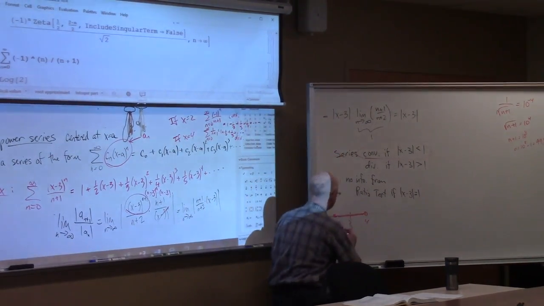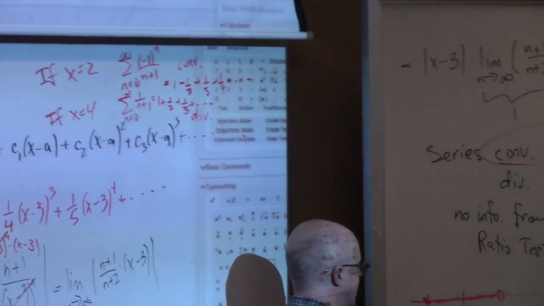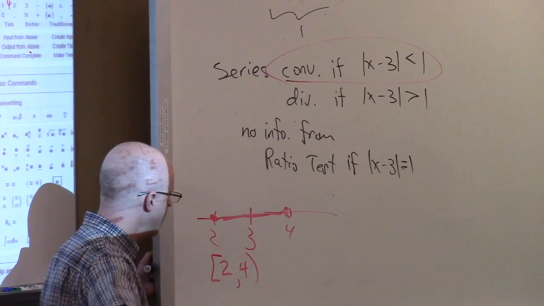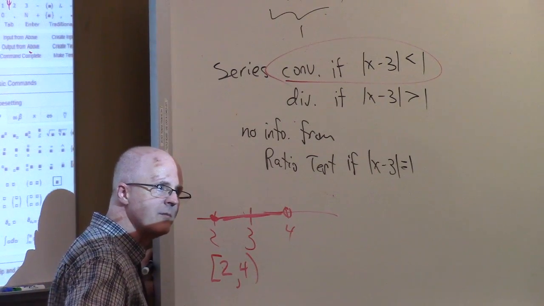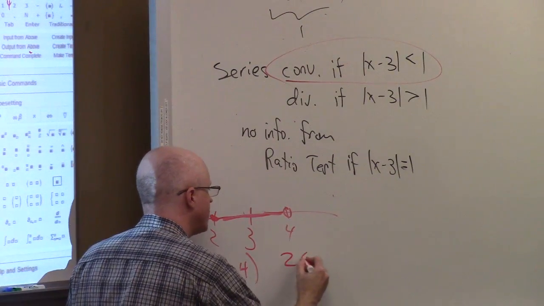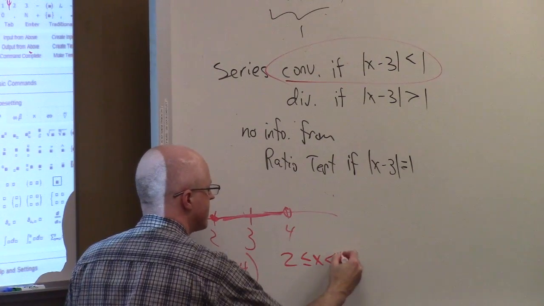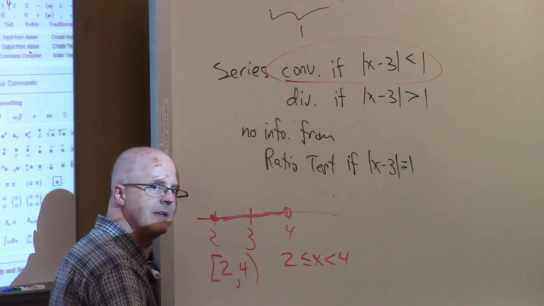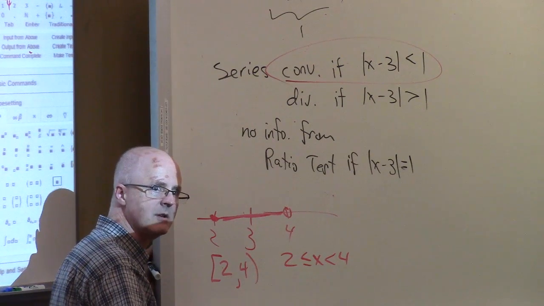In interval notation, you put a square bracket next to the 2, you put a parenthesis next to the 4. We include the 2 but not the 4. With inequalities, you'd write 2 less than or equal to x less than 4. These are different ways of representing the interval of convergence is what this is called.